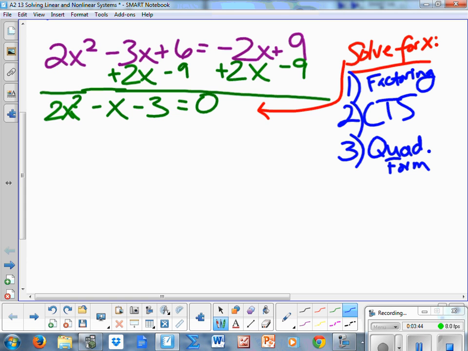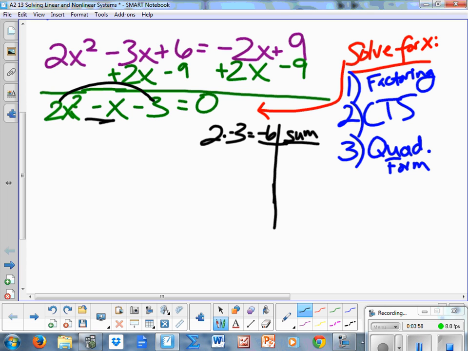In order to factor, we've got to take a times c. So we've got 2 times negative 3, which equals negative 6. And I'm going to take factors of that which add up to negative 1. Since that has a negative sign, I want my bigger factor to be negative.